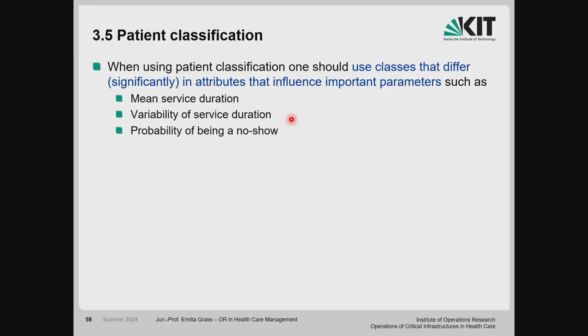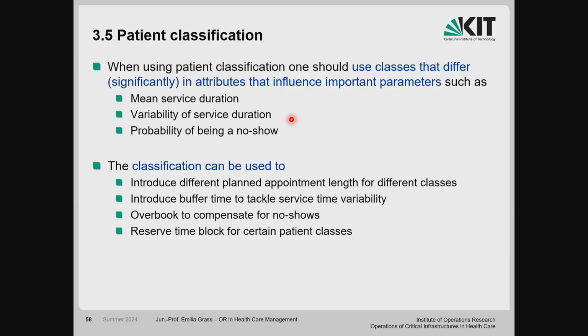That has to be included in our analysis, and we can use this to, for instance, introduce different appointment lengths for different patient classes. We could use buffer times, because if we have high variability of service duration, we need a buffer to deal with this uncertainty. We could overbook, because we know we have high rates of no-shows.